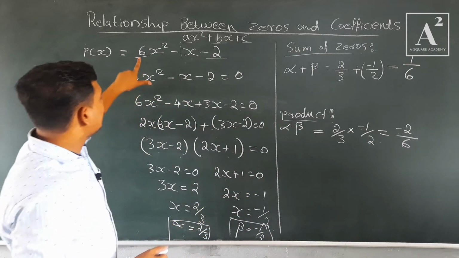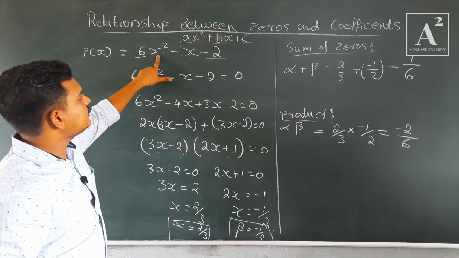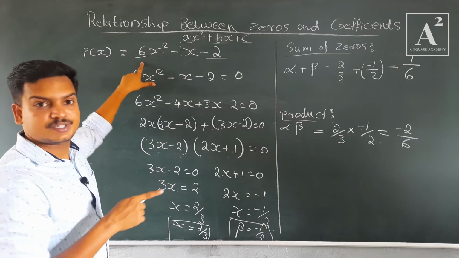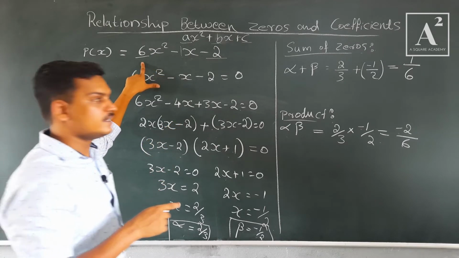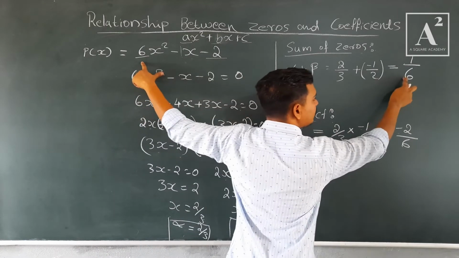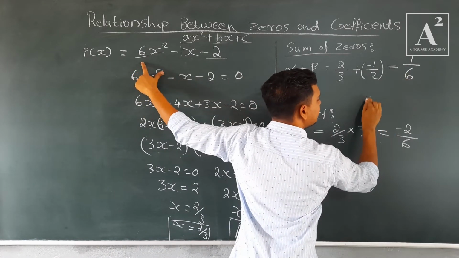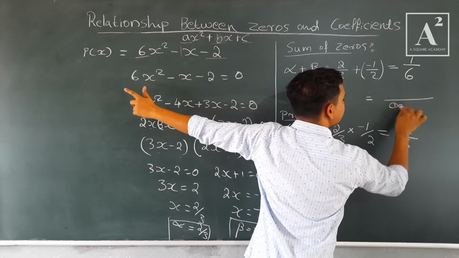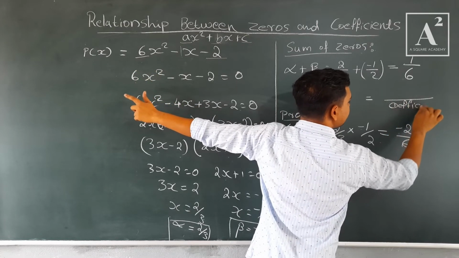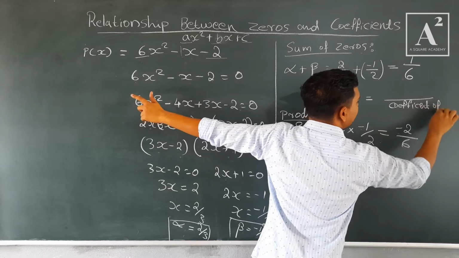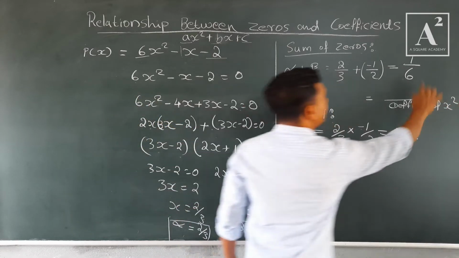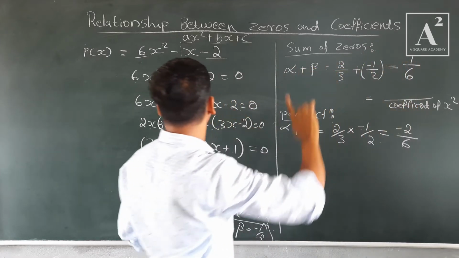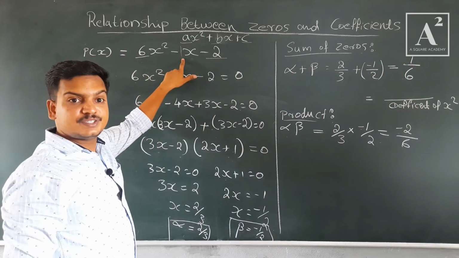Look at this 6: that is the coefficient of x square. And look at this one carefully, the coefficient of x.